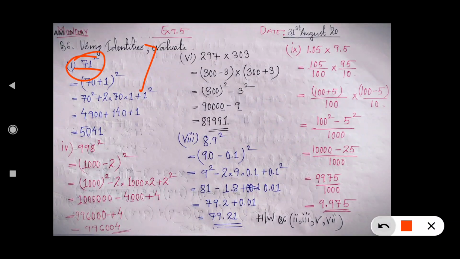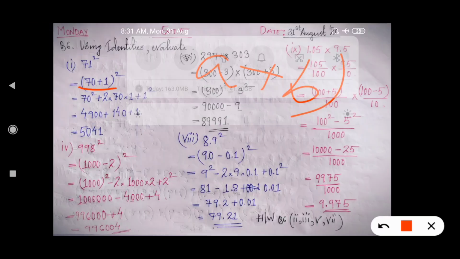So that's why what I have written is 71 can be written as 70 plus 1. Since here is a square, the square will come down. Now if you see here, this can be compared with the first identity, a plus b whole square.